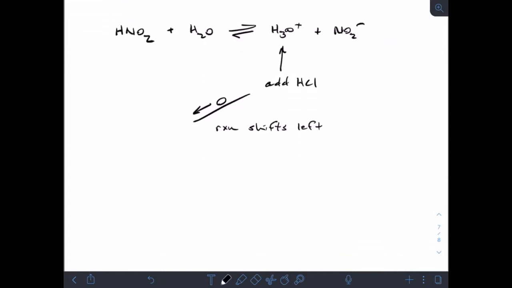Right, so when I have a buffer and I add acid to it, I need to use an ice table. Okay, I can't just go straight to Henderson-Hasselbalch because I need the equilibrium concentrations of my buffer components.